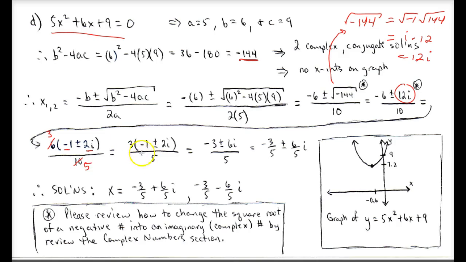That's how we see the 3/5 there. Then all we do is distribute the 3 back in, and to put this in proper complex number form, we need to have it in what's called a plus or minus bi form, where a and b are real numbers. That's why I'm separating this into 2 different fractions here.